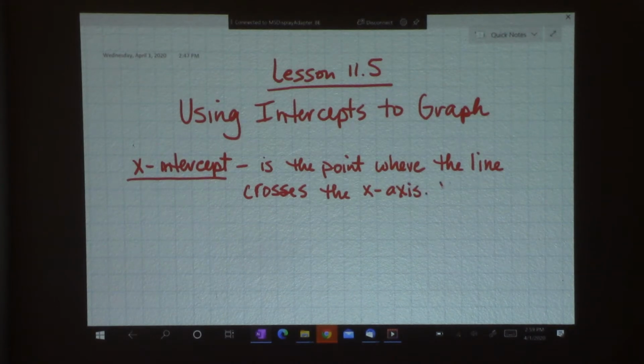And this is where y is 0. That's very important. So when we have a point, we're going to have a number here, whatever x is, and then the y value will be 0.